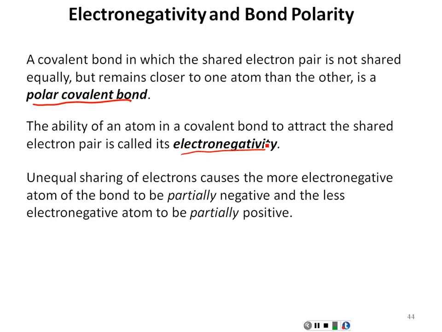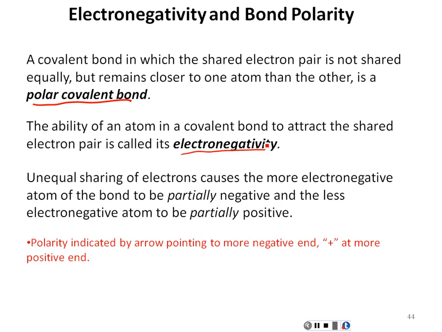Unequal sharing of electrons causes the more electronegative atom of the bond to be partially negative, and the less electronegative atom to be partially positive. And we can indicate this polarity by drawing an arrow with a plus at one side to represent the positive side. And a classic example of a polar covalent compound would be HCl.